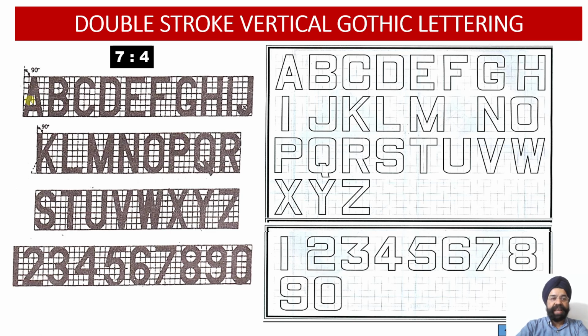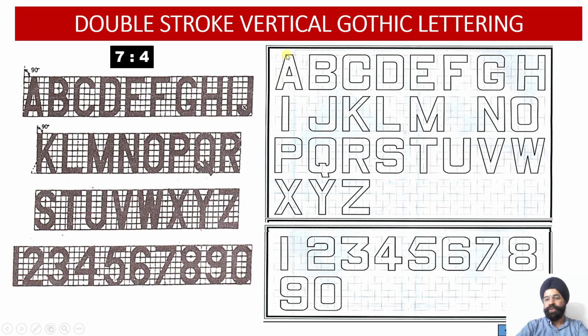So you can see any vertical line or any inclined line will require 1 block thickness over there. So if you are going to use the inking pen, this is the pattern how you will be able to draw all these alphabets. The drawing pattern will remain the same whether you are drawing single stroke or double stroke vertical Gothic lettering.